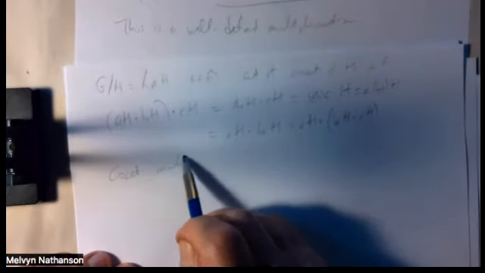So coset multiplication is associative. Suppose I look at the coset EH, which is just H, right? This just means take everything in H multiplied by the identity.